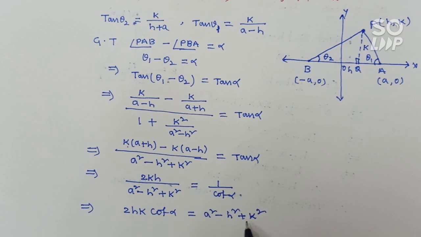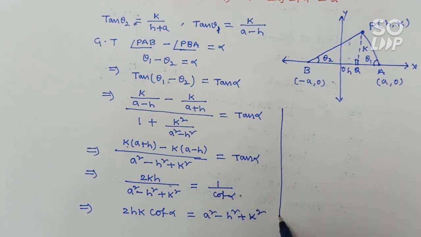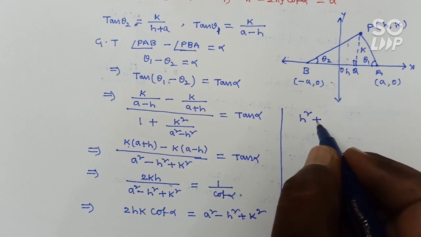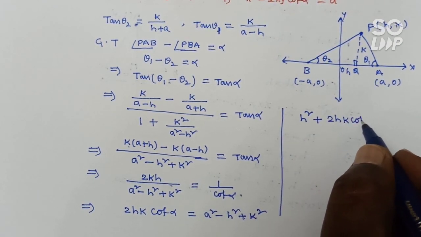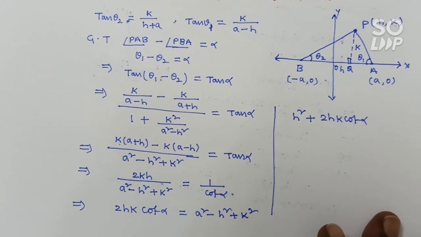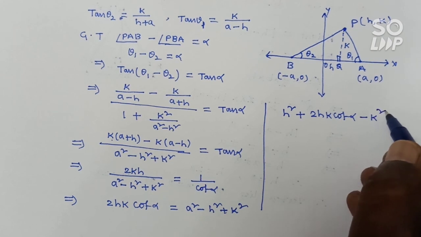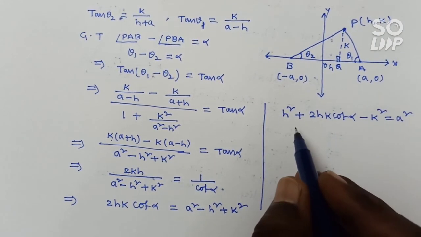Now minus H square and K square, you take these two to the left hand side, that becomes H square plus 2H into K into cot alpha minus K square is equal to A square. So what is meant by H comma K?